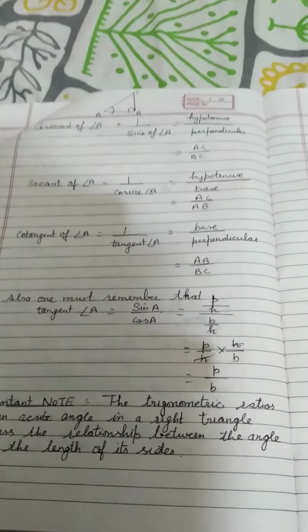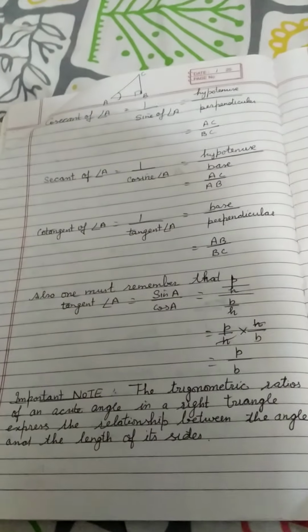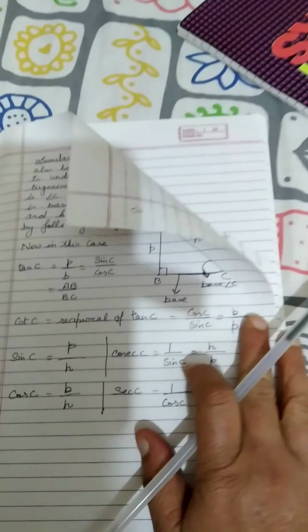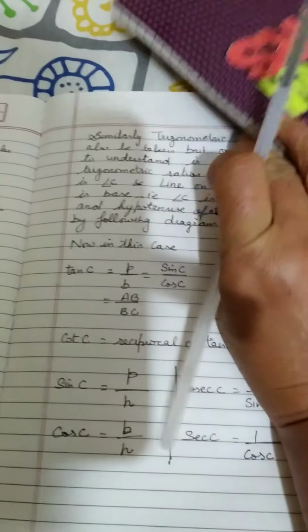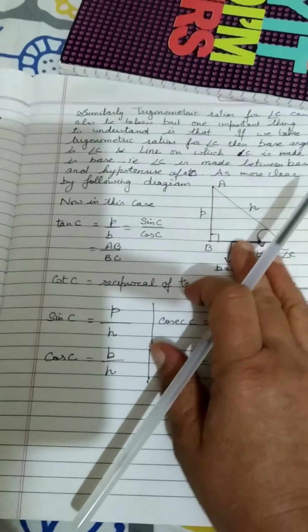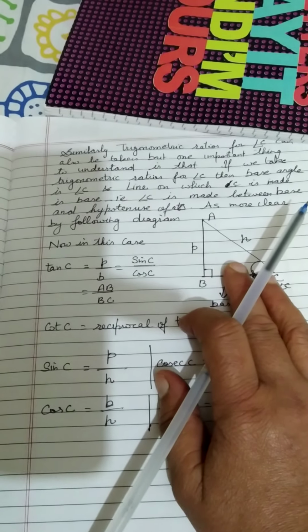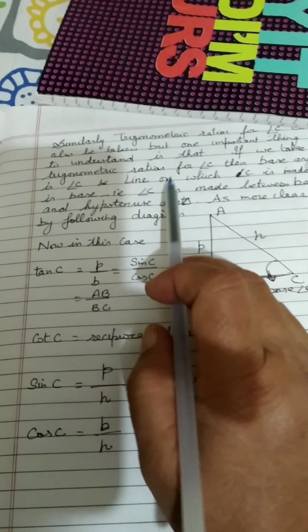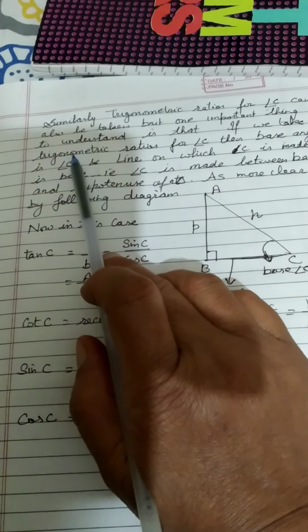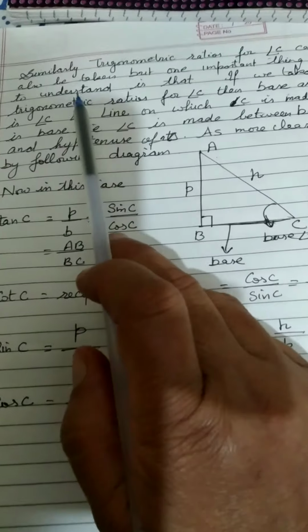What we are getting from the trigonometric ratios is a relationship between the angles and the length of the sides of a triangle. Which triangle is used? A right angled triangle is used.